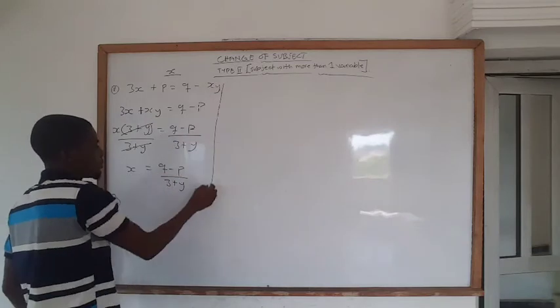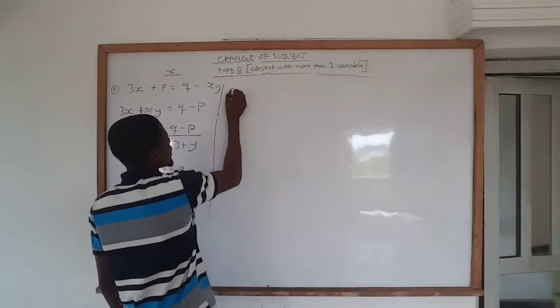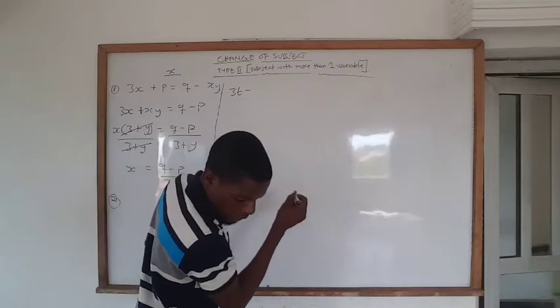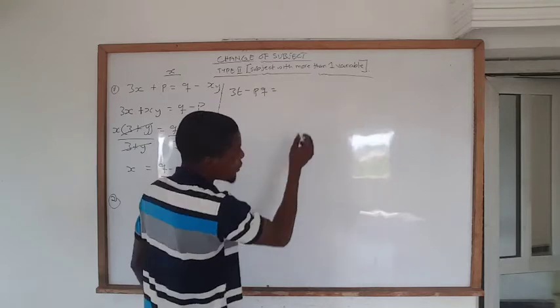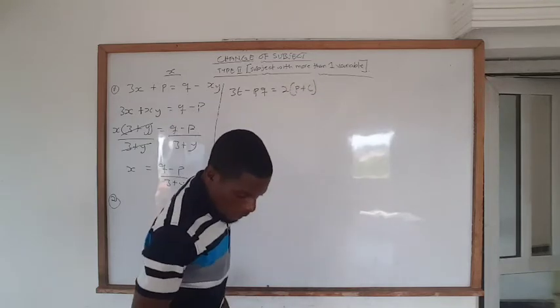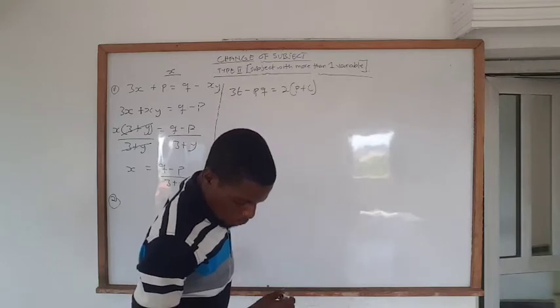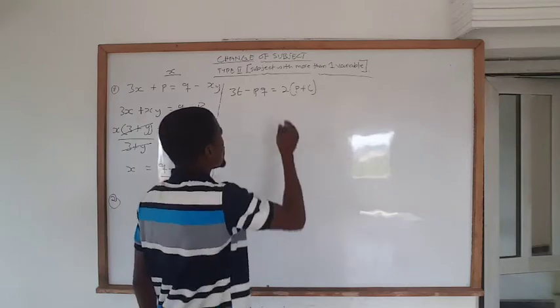Okay, so let's get another question. I have a question here: 3t minus pq equals 2 bracket of p plus l. And we are supposed to make p the subject, right?